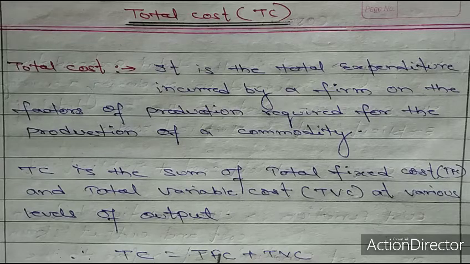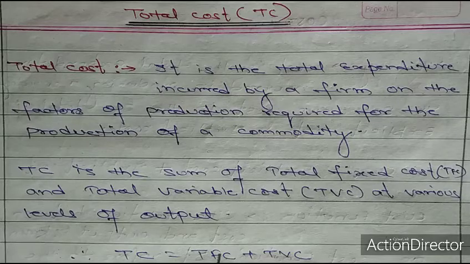The sum total of all fixed cost and variable cost at various levels of output gives you total cost.